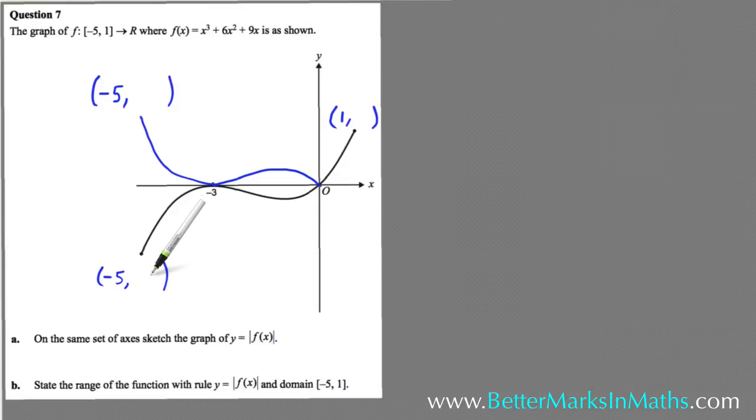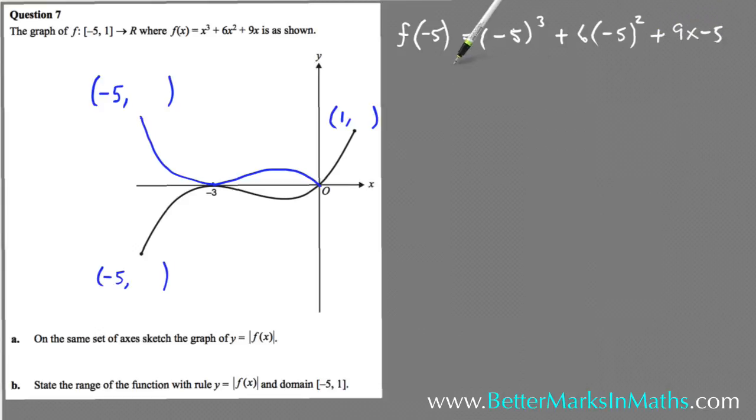So to find the y coordinate when x is -5, sub -5 into the original equation. And so this is going to be f of -5, and replacing the x's with -5, you get -5 cubed plus 6 bracket -5 squared plus 9 times -5.